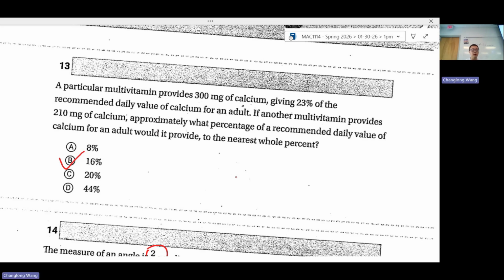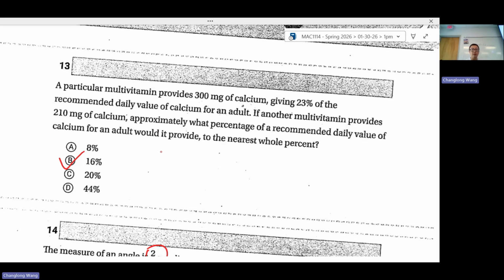Now, if you seriously calculate, which is totally fine, and I would prefer you actually do that at least once, right? So after understanding what they're telling you, this guy takes 300 milligrams of calcium that gives only 23% of the daily amount. And later on, by taking a bit less, will be the percentage of the daily amount.